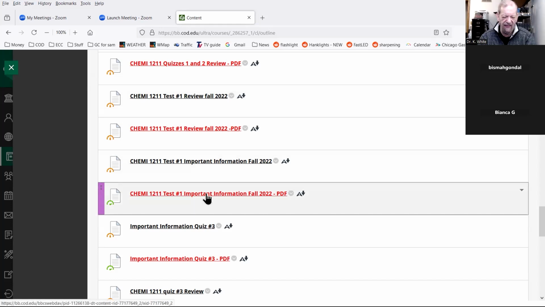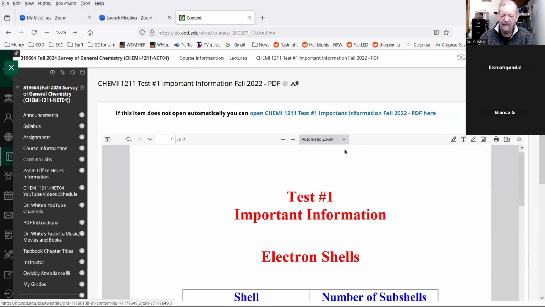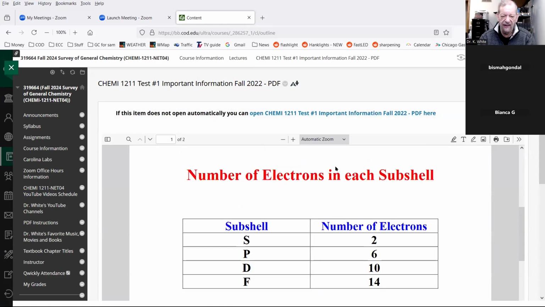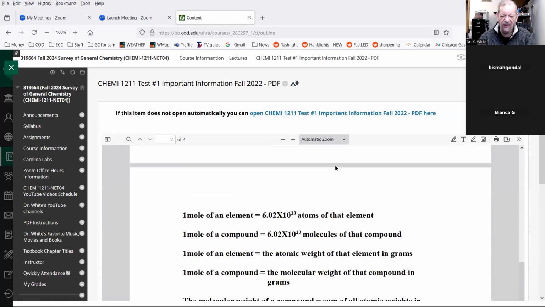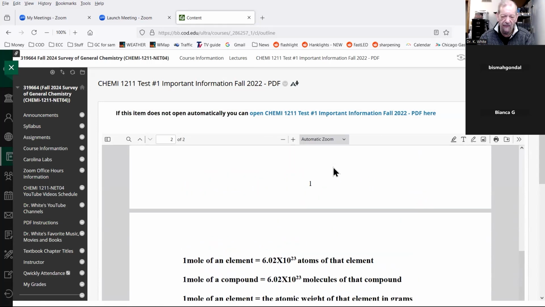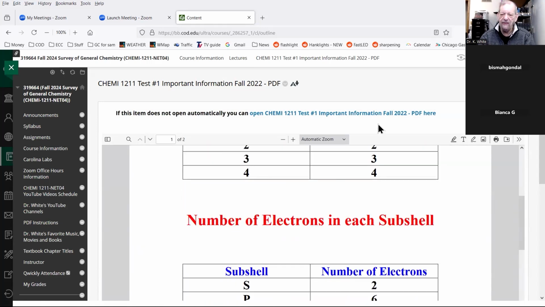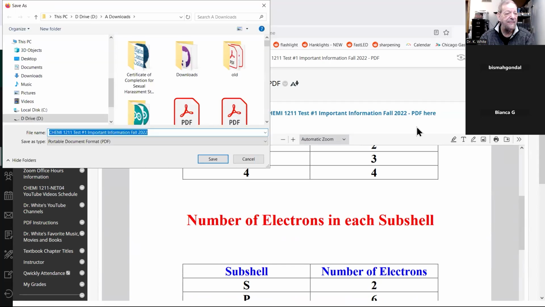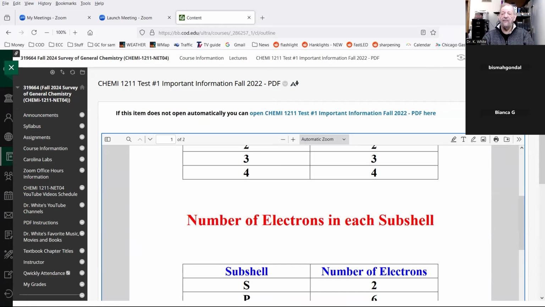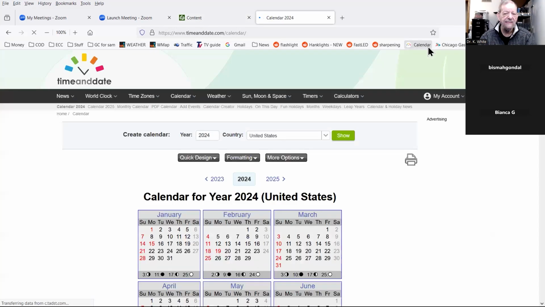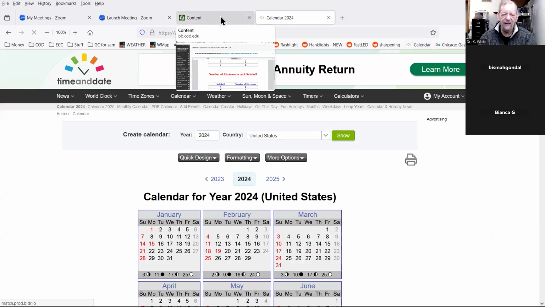The other thing I have here is important information for test number 1, and these 2 pages will be given to you as the last 2 pages of your test when you take it.